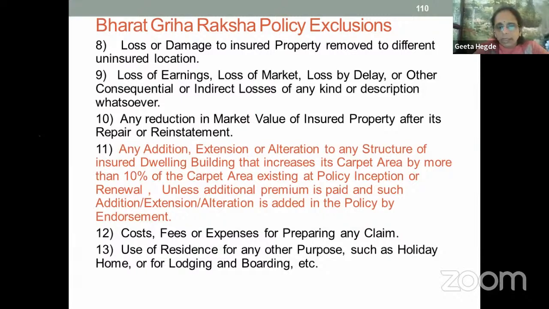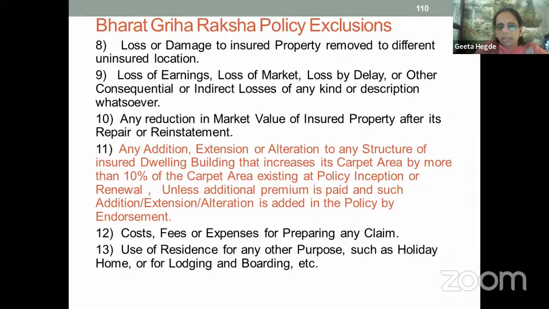If it is more than 10% and no additional premium is paid, then that is not covered. But up to 10% it is covered, provided it is an increase in the carpet area. In the other two policies we have 15% for addition, extension, alteration, and in the Griha also that 10% is there.